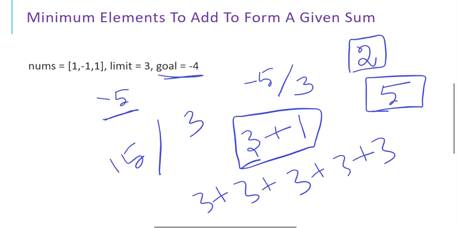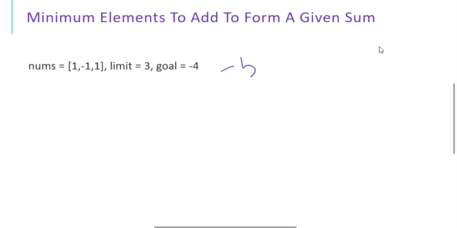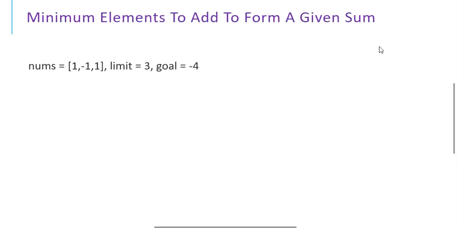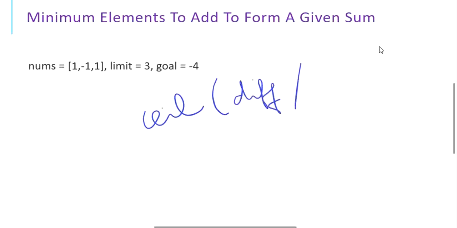The same way, if you want to achieve minus 5 and the limit is 3, how many 3's can you form in minus 5? You can form 1 minus 3 and the remainder is 2. So minus 3 and minus 2, we have two numbers to add to our array. So the answer here is nothing but the ceil of the difference we found by the limit given.